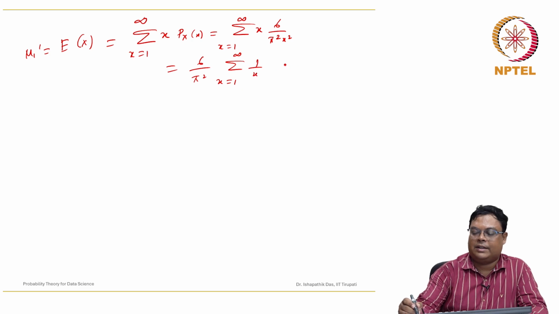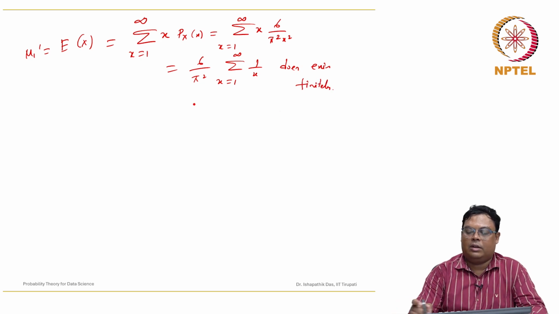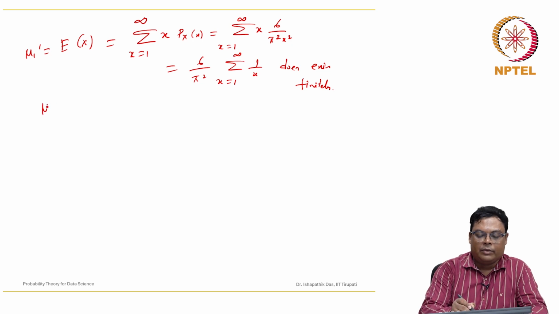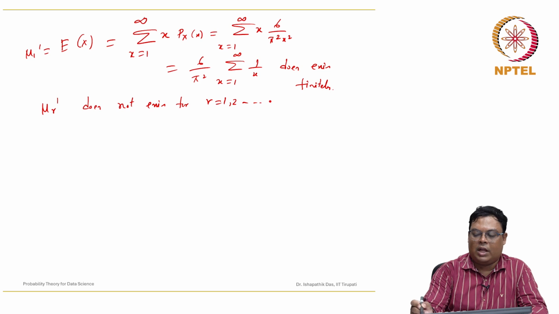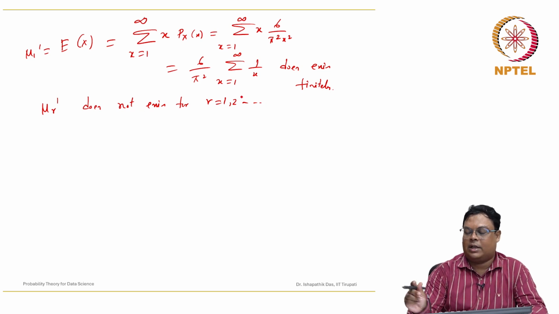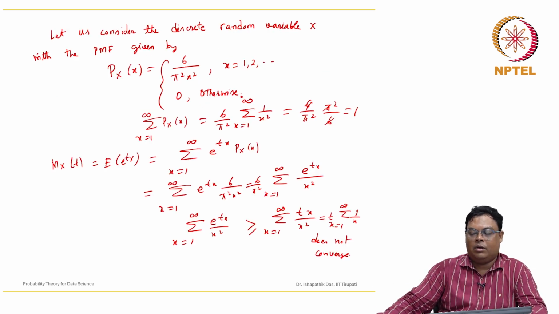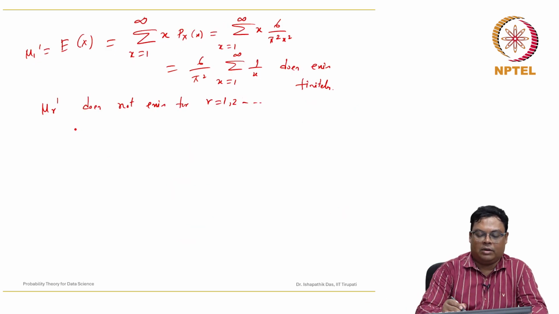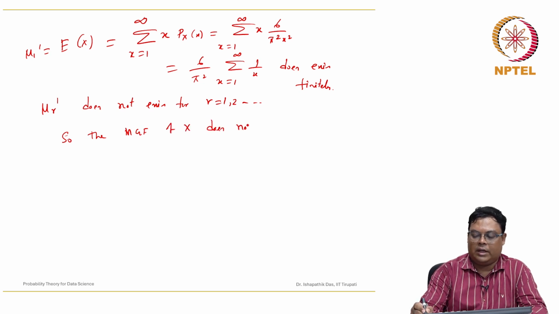This is a divergent series, it does not exist finitely. So mu1 dash does not exist, and in general mu r dash does not exist for any r: none of the first order, second order, third order moments exist as a finite value. Hence the moment generating function of X does not exist.